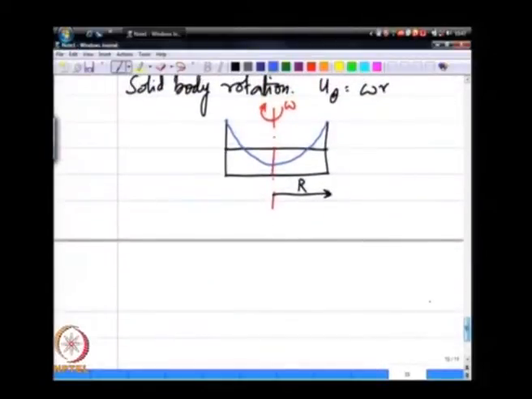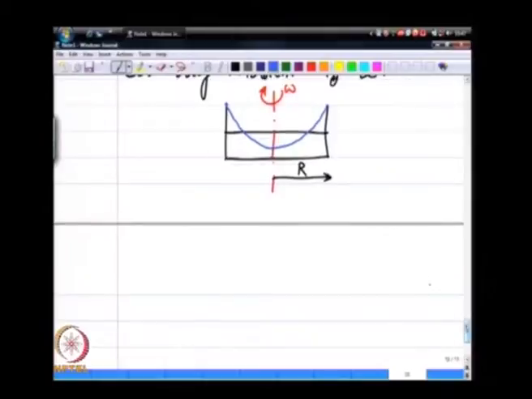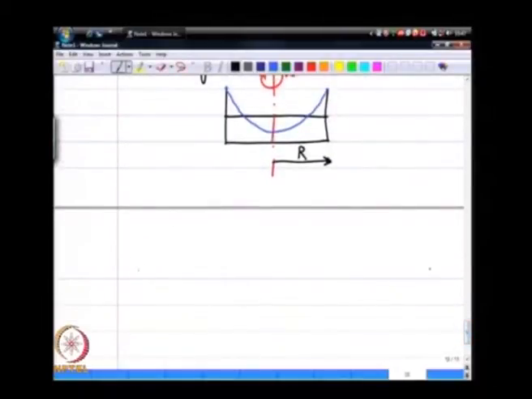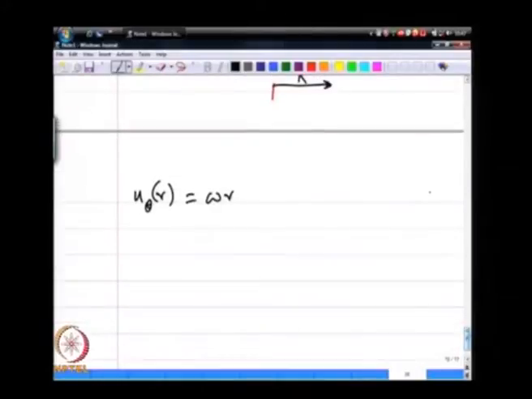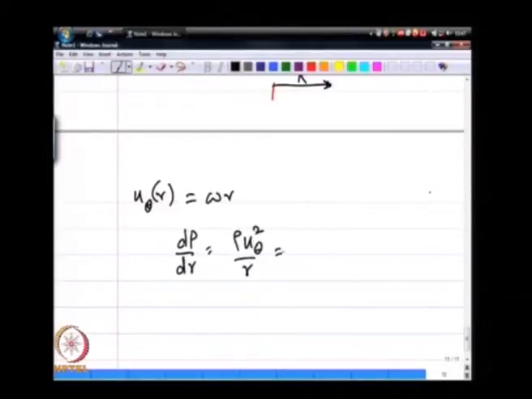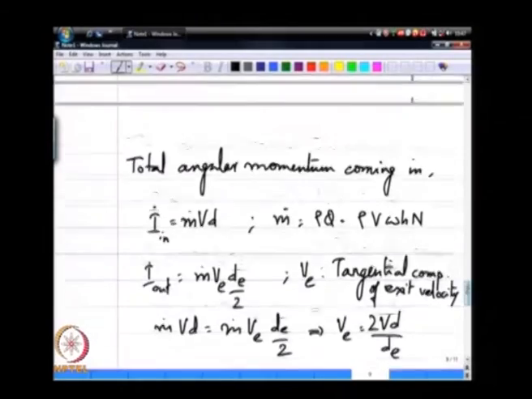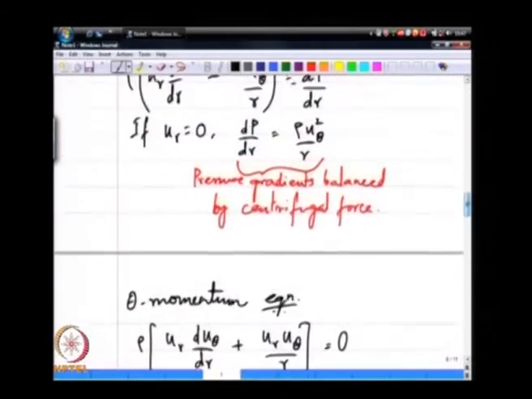Where does this come from? This comes from, say first of all, u theta being equal to omega times r, u theta of r being equal to omega r, and so once I have this, I have dp dr equal to rho u theta squared over r, that comes from our radial momentum conservation.